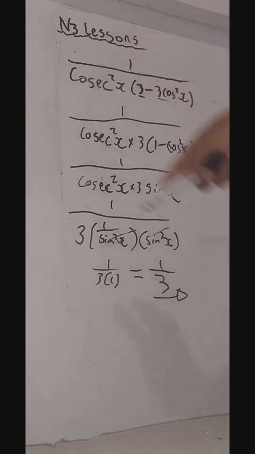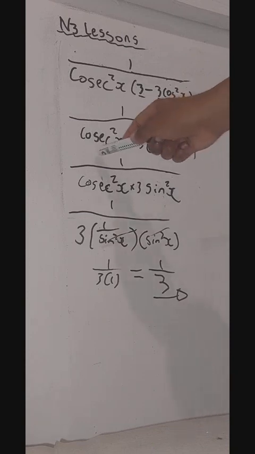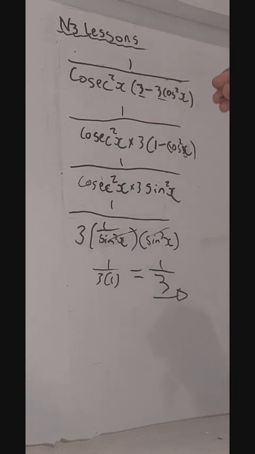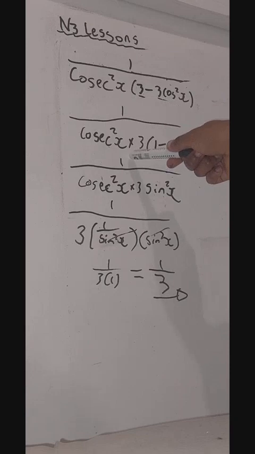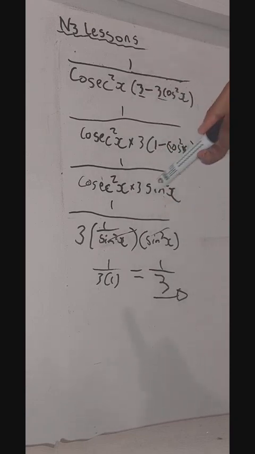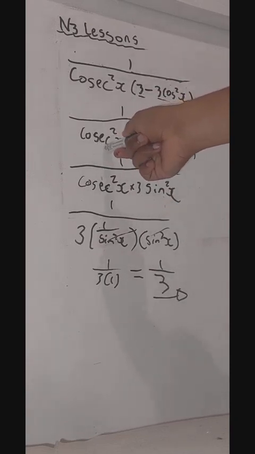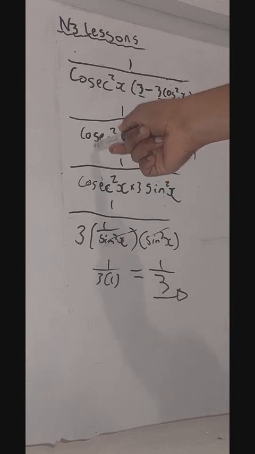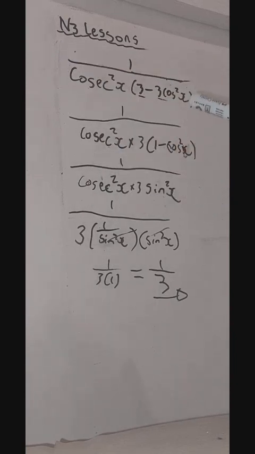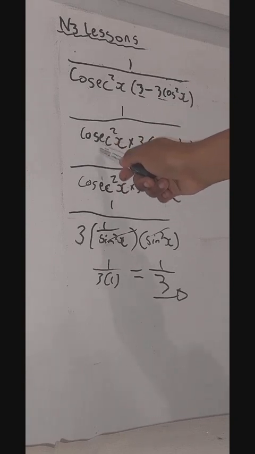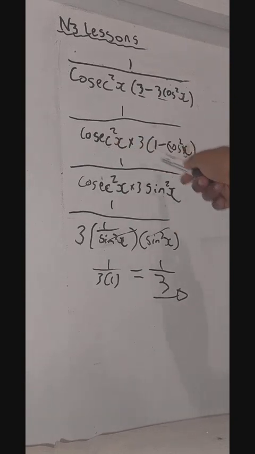That's why I said when we are dealing with identities, you need to know your common factors. First is factors, and then the next thing we see is which one is dependent and which one is independent. If it's independent, it stays the same, like this one stayed the same. But cosec, when we came to the second step, could be changed to 1 over sine squared x because it was reciprocal, so it was dependent.